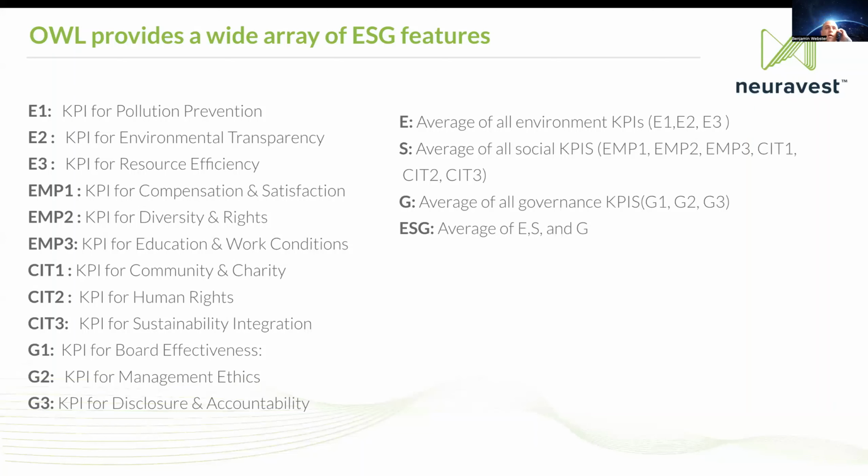Companies that are doing these things are working hard to make money and profits, but at the same time hopefully reducing their negative impact and also producing a positive impact above and beyond the jobs they create, et cetera. And so those are the metrics that Neurovest is using to create investment strategies with our data.